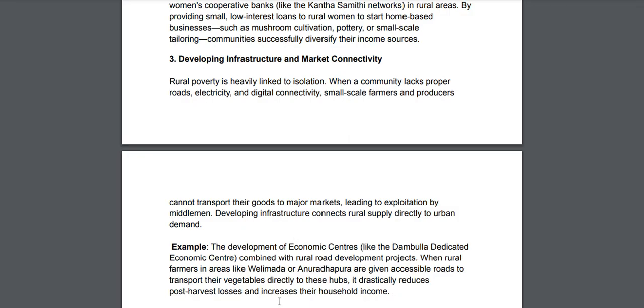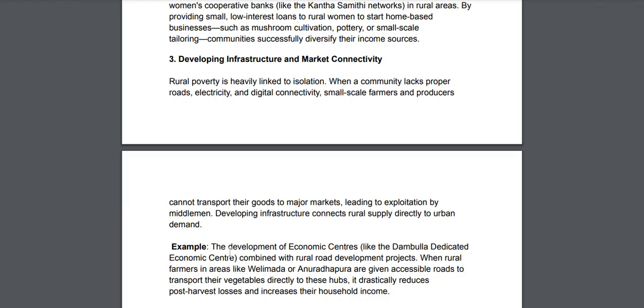Like that, you have to introduce your example by taking the point, and also explain that with the point. That means, what is the point here? Actually, developing infrastructure and marketing connectivity. So you have to write the example and build up a small introduction, a small paragraph, using this concept, this point.